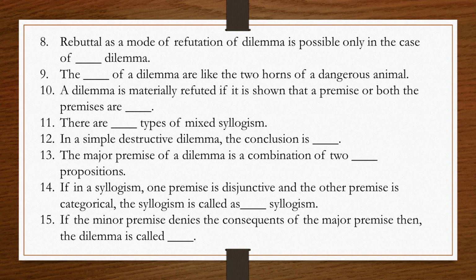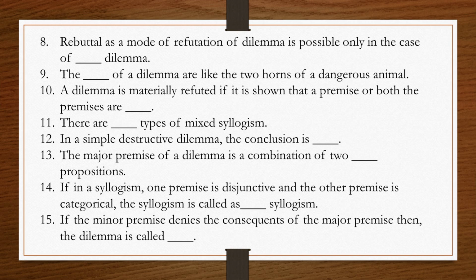Rebuttal is possible in your complex constructive dilemma. The horns of a dilemma are like the two horns of a dangerous animal; these are the two alternatives of a dilemma. A dilemma is materially refuted if it is shown that a premise or both the premises are wrong. There are four types of mixed syllogism. In a simple destructive dilemma the conclusion is categorical.